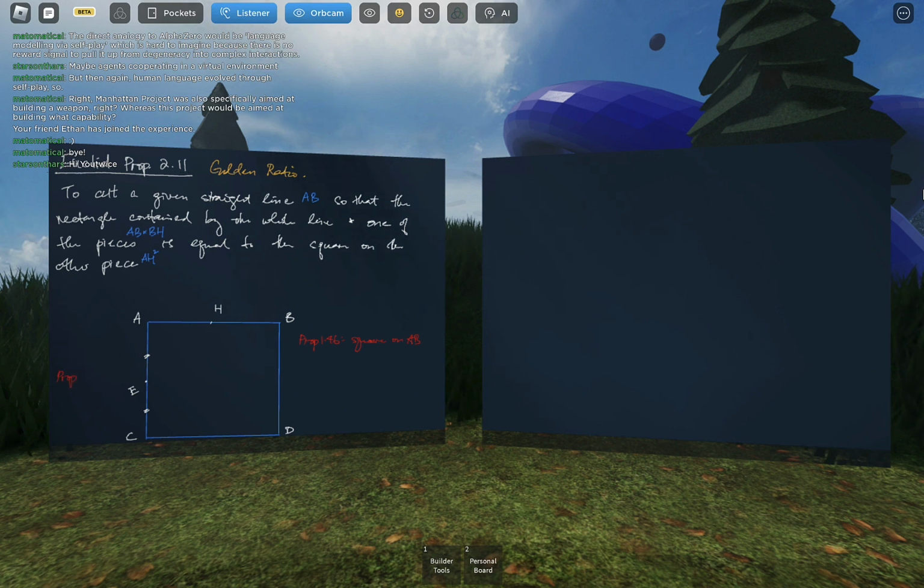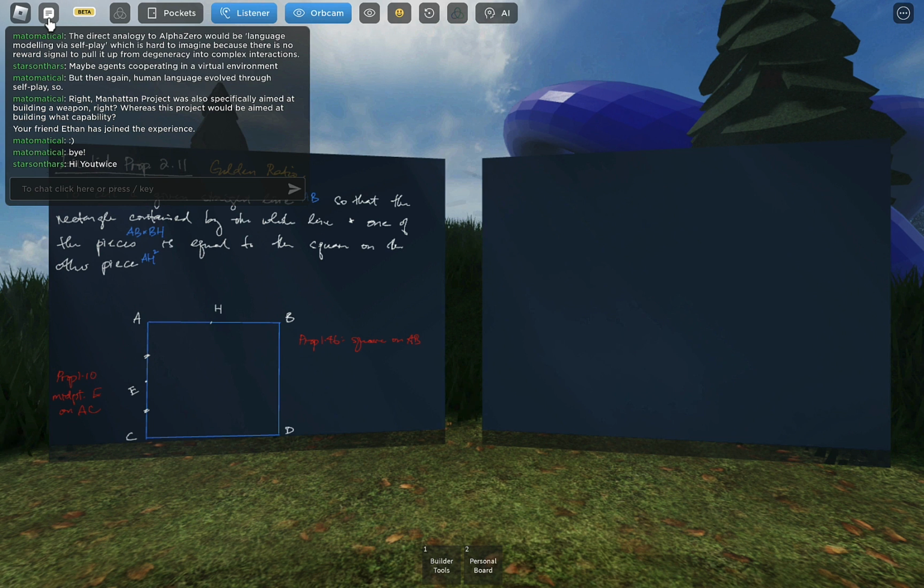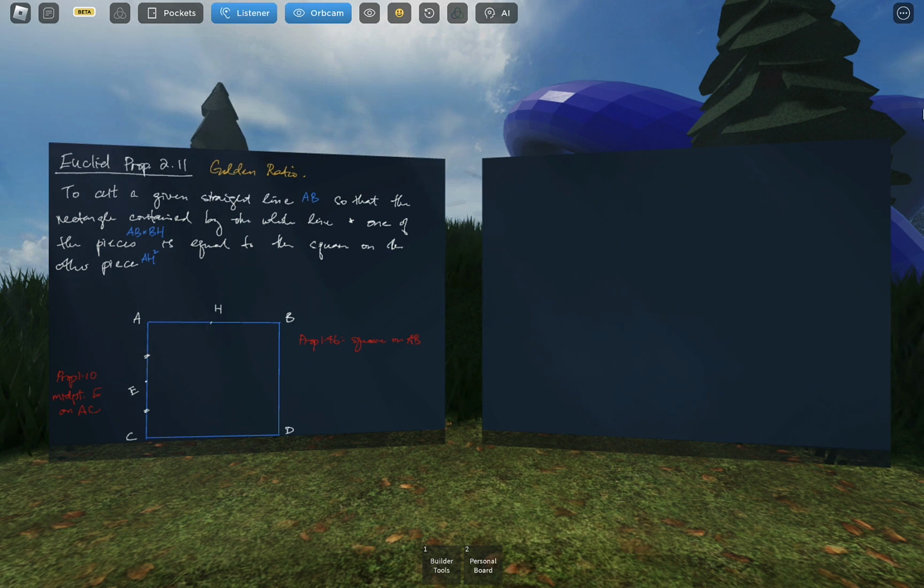So proposition 1.10 gives us, I guess I'm just going to write, midpoint E on AC using some modern terminology. Okay, so now we're going to join this point with B. Just going to draw them, give me a triangle.